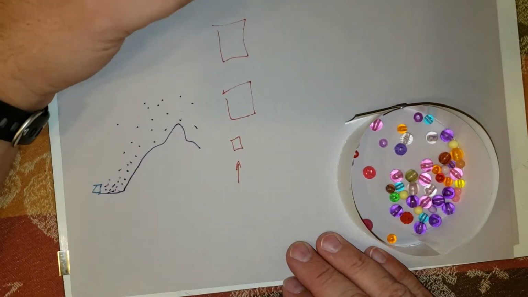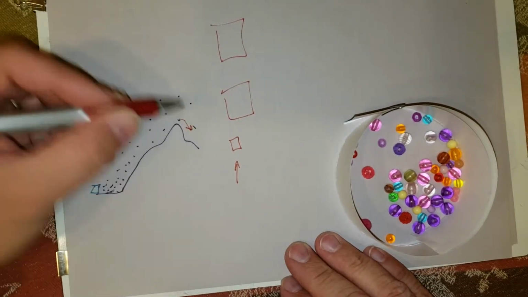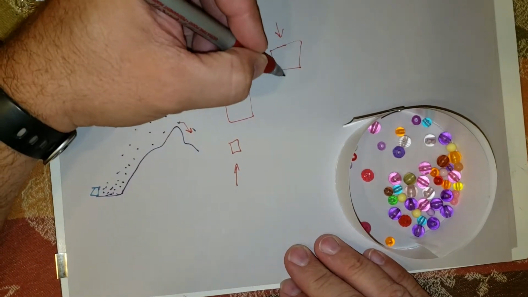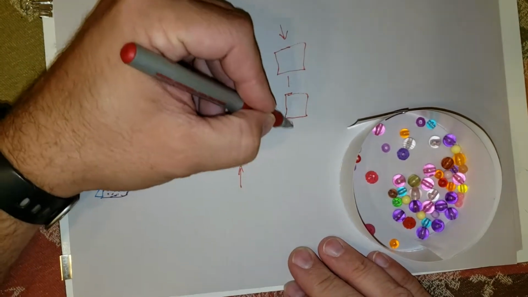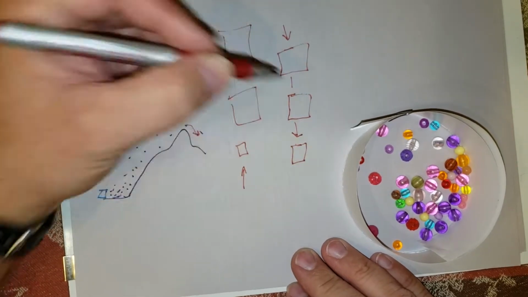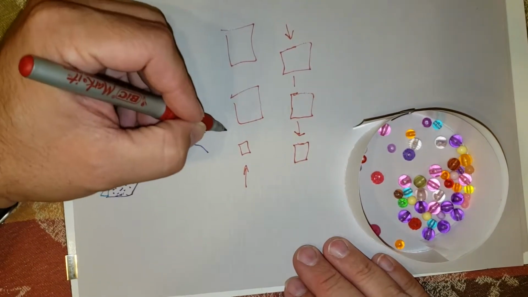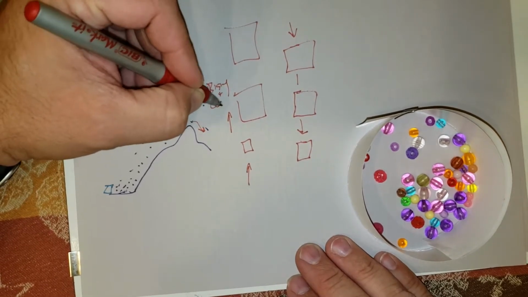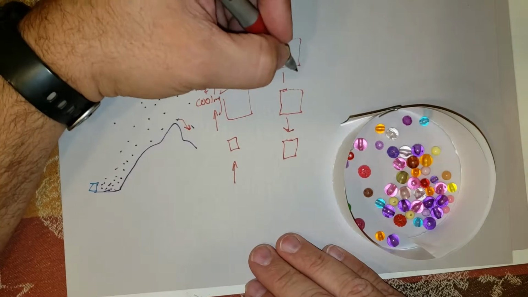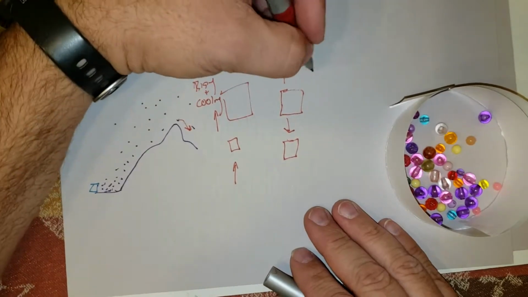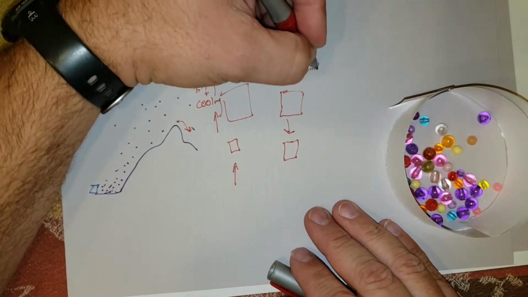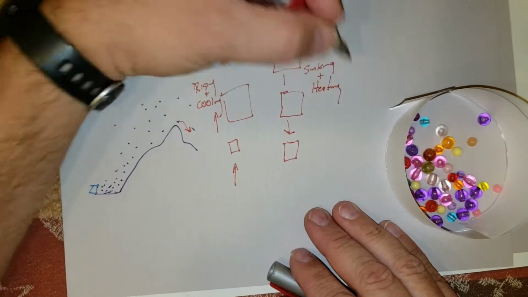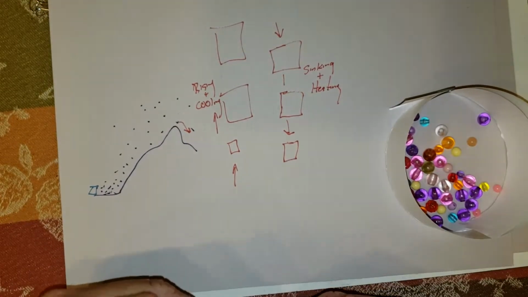On the other side, coming down this side of the mountain, if the air parcel is forced downwards and becomes smaller and smaller, it gets warmer. So this is rising and cooling, and this is sinking and heating by compression. It's getting tighter and tighter.